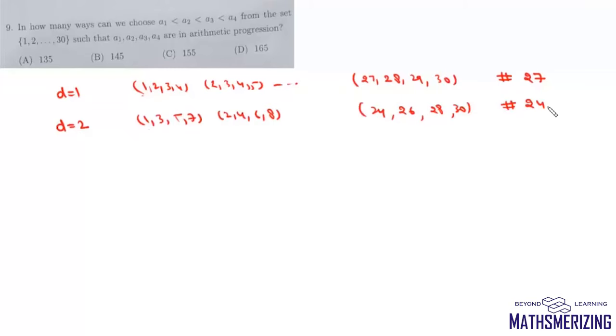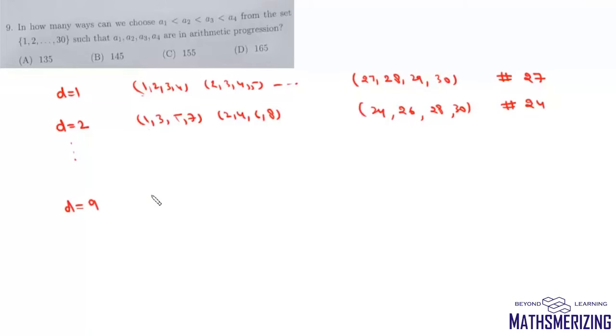So from 1 to 27, we have altogether 27 choices. Now if we take common difference of 2, then we'll take these numbers as 1, 3, 5, 7 or 2, 4, 6, 8, and it'll go all the way up to, now this is 30, 28, 26 and 24. So again from 1 to 24, the number of such possible combinations is 24, and it'll continue till we get common difference of, I think it'll be 9.